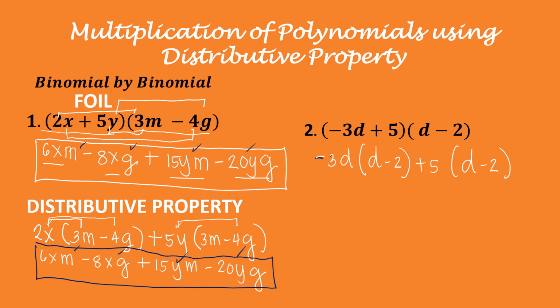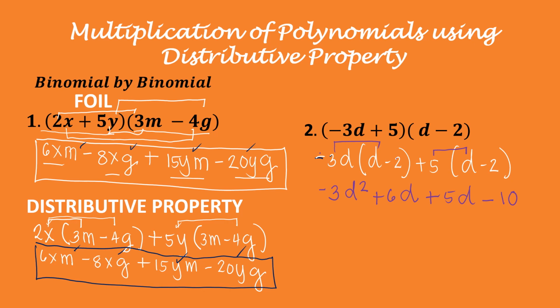We multiply the negative 3d to the d here. Then it will give us a product of negative 3d to the power of 2. The negative 3d times negative 2 will give you a positive 6d. Then we proceed distributing the 5. So it will give us 5d, minus 5 times negative 2 is negative 10.